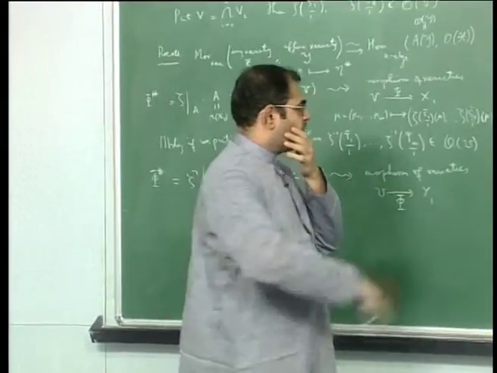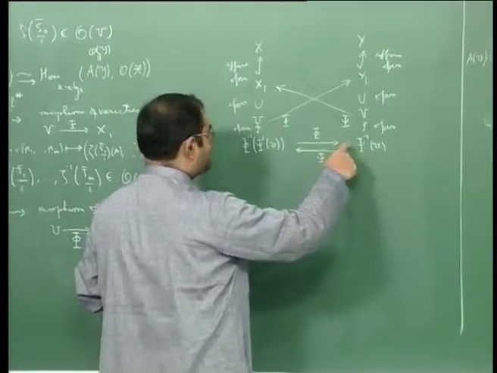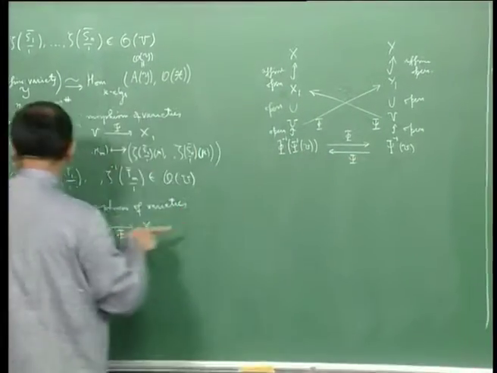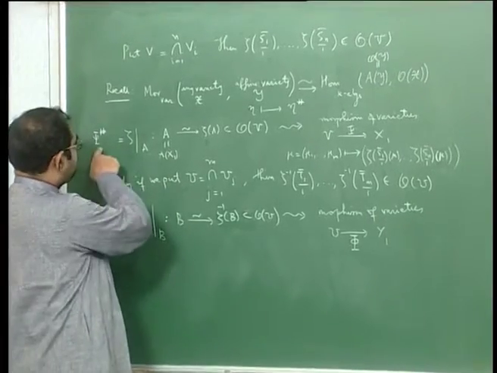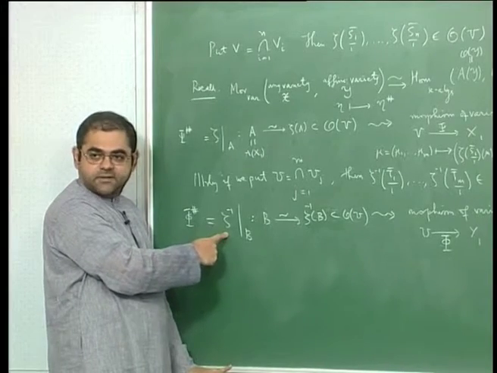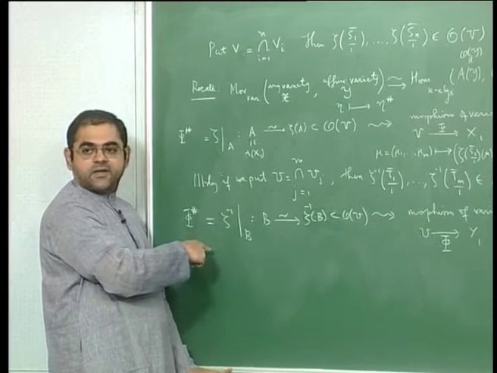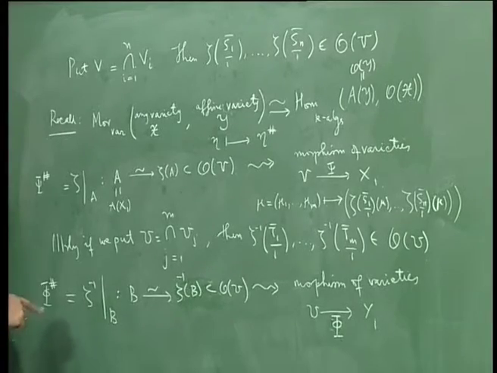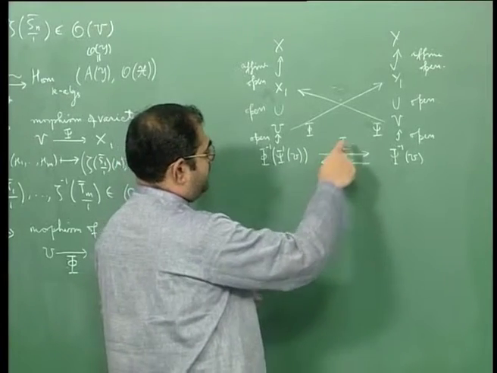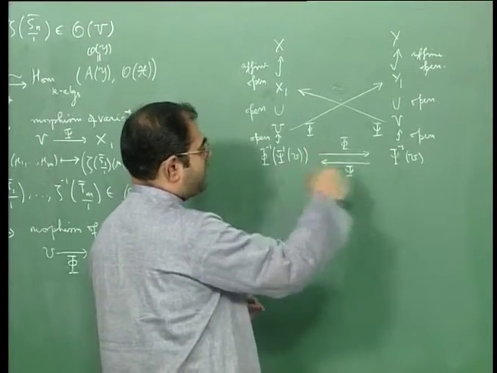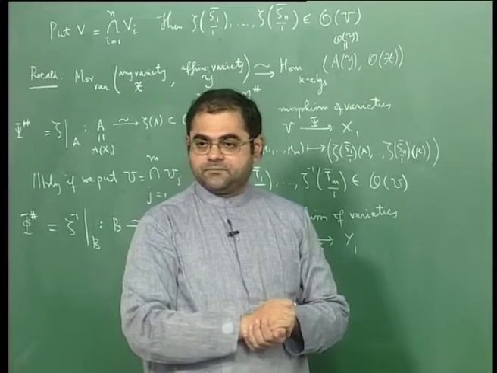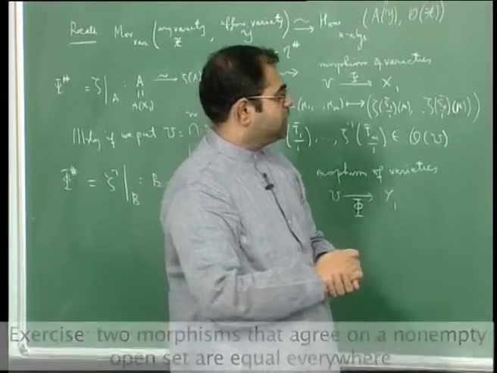Psi induces zeta at the quotient field level, and phi induces zeta inverse. So psi composition phi and phi composition psi induce identity maps at the quotient field level. If you have two morphisms which upon composition induce identity at the quotient field level, then those morphisms have to be inverses of each other.